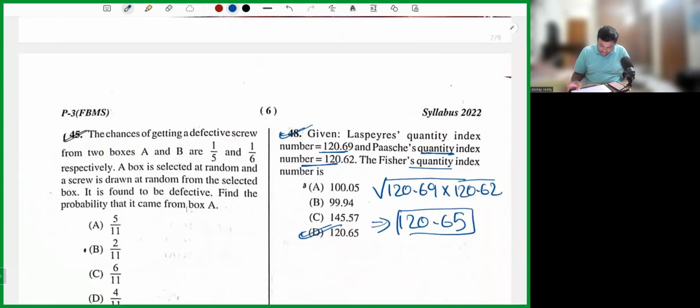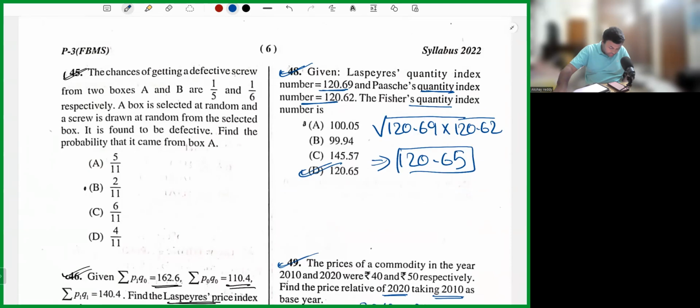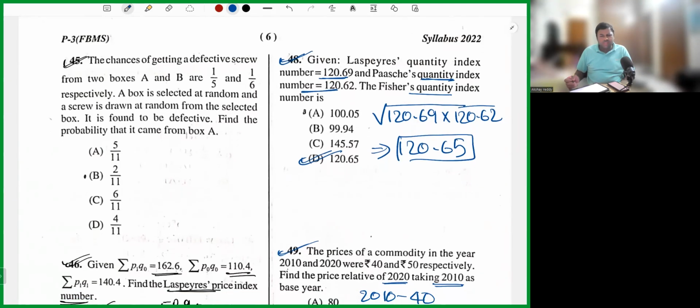So my dear friends, one last sum is left, question number 45. Let me complete this question. It's a Bayes theorem sum. I'll not use a formula for Bayes theorem. Simple favorable cases by total cases probability. Let's apply. The chance of getting the defective screw from two boxes A and B is 1 by 5 and 1 by 6. Getting from A is 1 by 5.